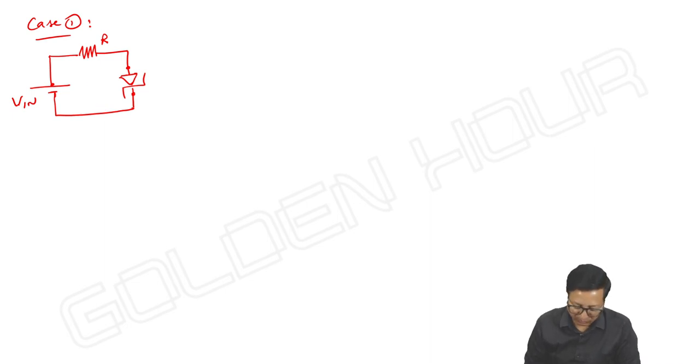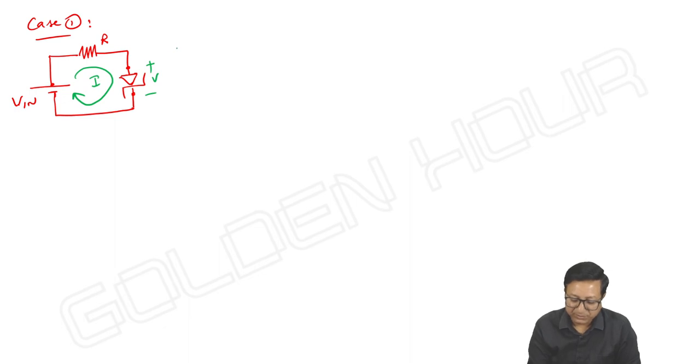So when it is forward biased, the current flows from anode to cathode, positive to negative terminal of the supply, and voltage across the diode is denoted by V. I is the current flowing, in clockwise direction, and V is from anode to cathode.